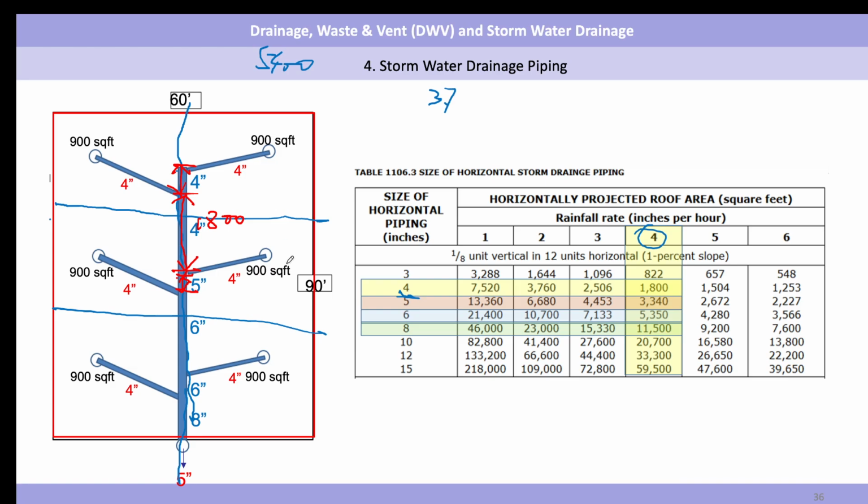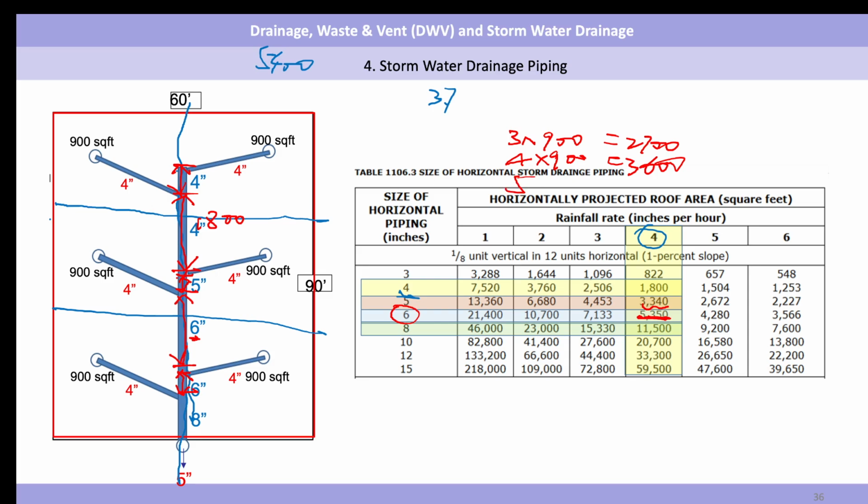And this area: 1, 2, 3 drains, 3. Okay, this one, 5. And how about this one? 1, 2, 3, 4 drains, 4. This one, 6. And how about this one? 1, 2, 3, 4, 5.